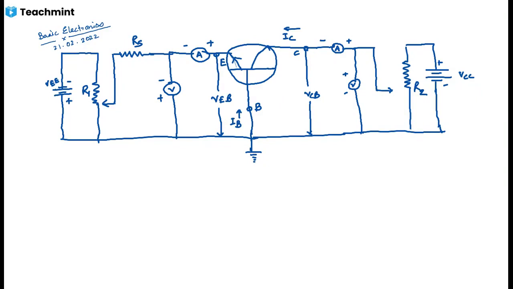So what I told, this is the circuit arrangement for input and output characteristic curves in CB configuration. For the input characteristics, I will relate the input emitter current IE and the input emitter to base voltage VEB.